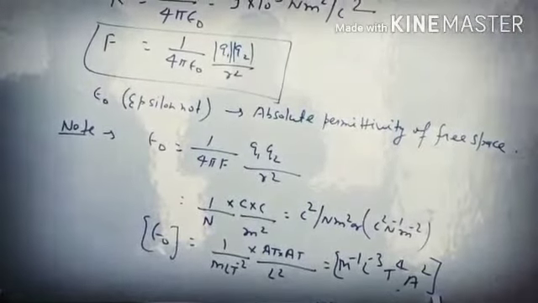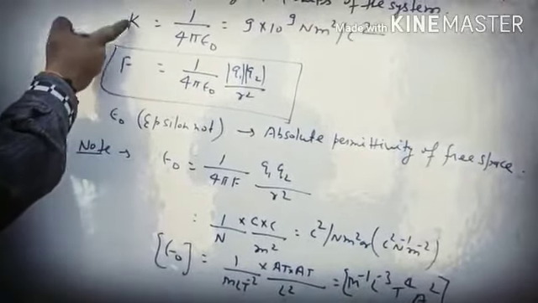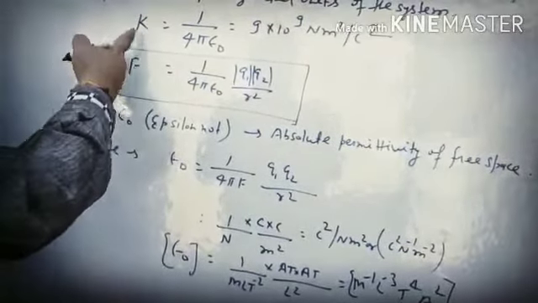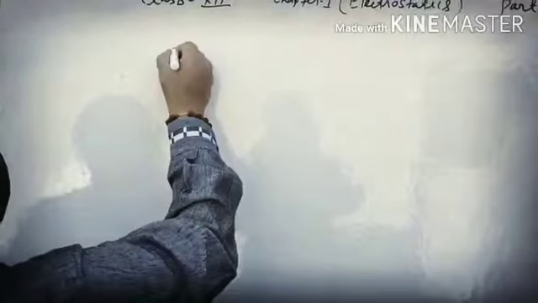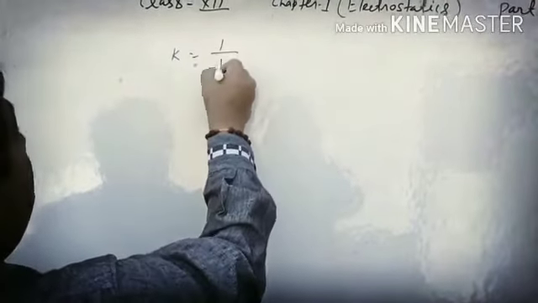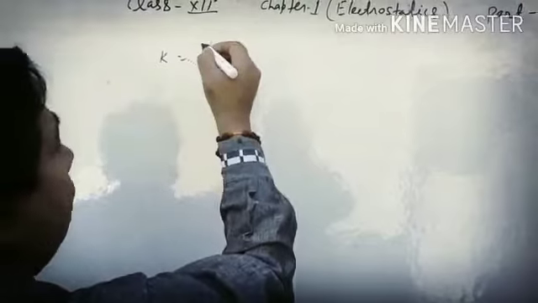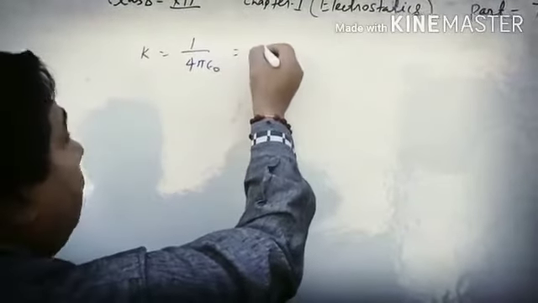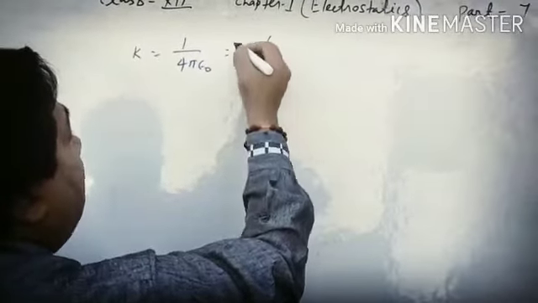From this, we also find the dimension and value of K. Here, K equals 1 upon 4 pi epsilon naught. It means K is proportional to 1 upon epsilon naught.